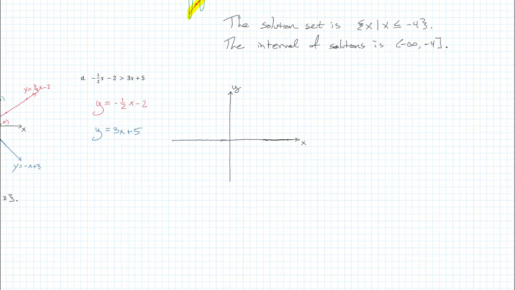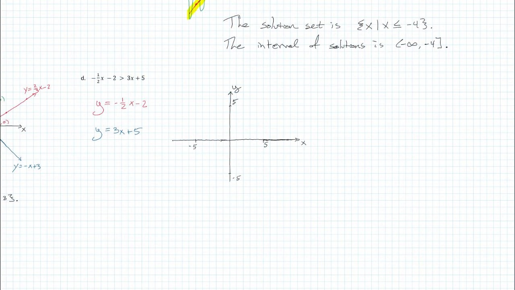Labeling my x and my y axes. Let's get scales. There's no big numbers here, so let's just go by ones in both directions. Right 5 on the x-axis, left 5, negative 5 on the x-axis, up to 5 on the y-axis, down to negative 5 on the y-axis.